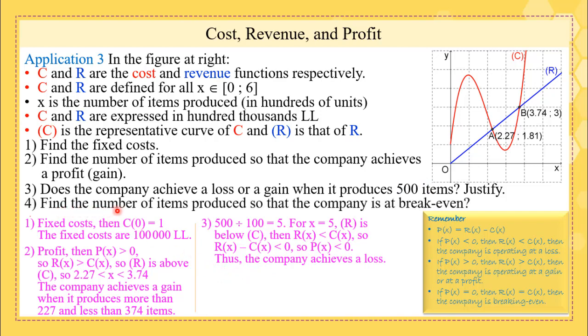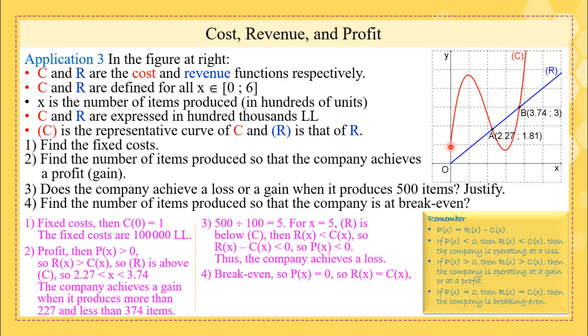The final part is, find the number of items produced so that the company is at a break even. The company is at a break even for P of x equal to 0.